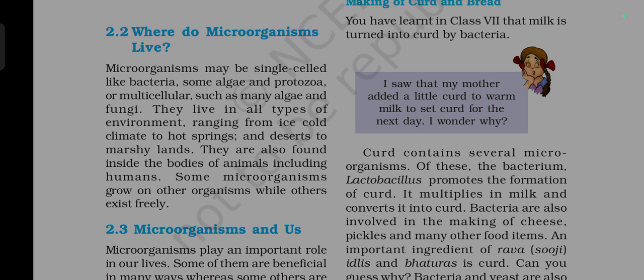From the first line we can recognize that bacteria and some algae and protozoa are single celled. What does single celled mean? Single celled means these are made up of a single cell, one cell.